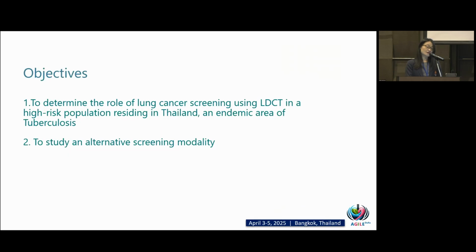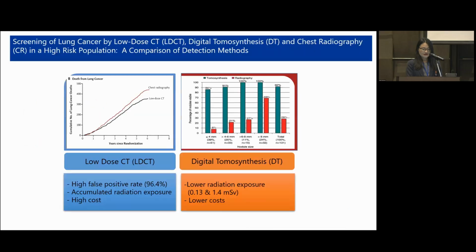So at that time, our objective was to determine the role of lung cancer screening using low-dose CT in a high-risk population of an endemic area of tuberculosis, such as Thailand, and also to study alternative screening modalities.